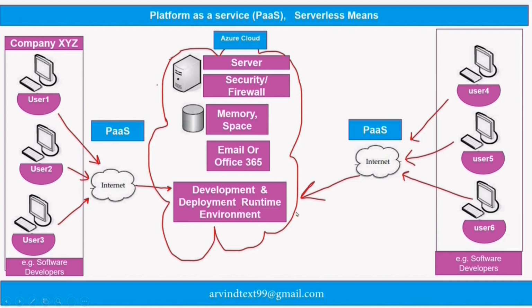Okay, so these users can develop their application, and build and deploy their application over Microsoft cloud. They just need an internet connection to use these services. So this is the example of platform as a service.